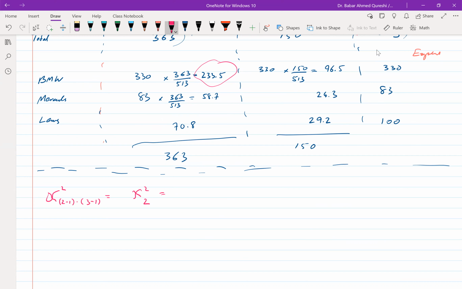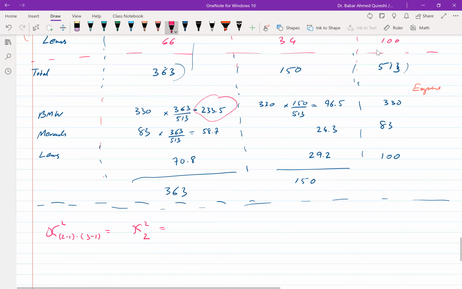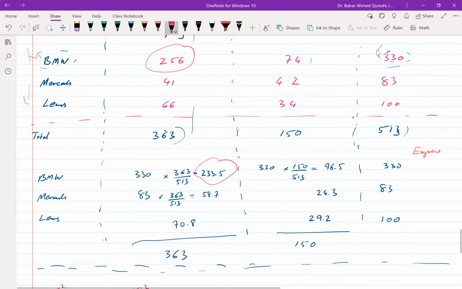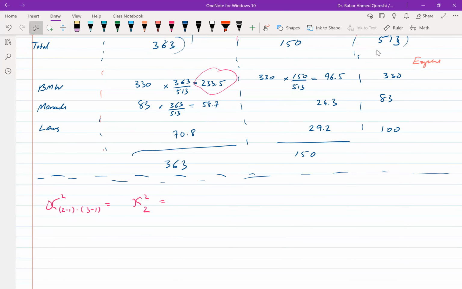However, you have to compute a lot of numbers. Not the 9, I have 6. Sorry, I have 1, 2, 3, 4, 5, 6, 6 numbers. So all you are doing is 256, which you observed, minus 233.5, which you expected, squared, divided by 233.5.